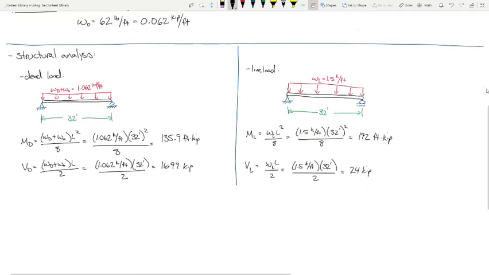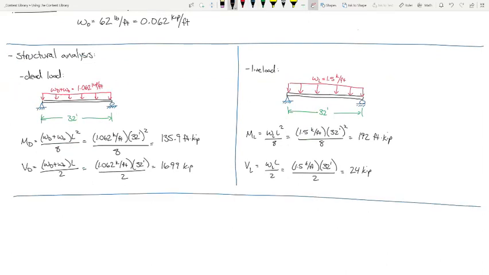Then with these, I'm going to say, now give me the factored load.